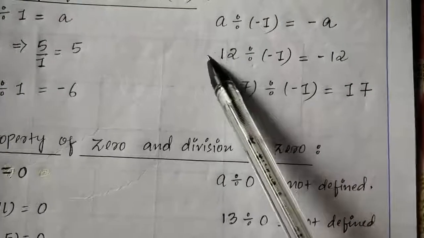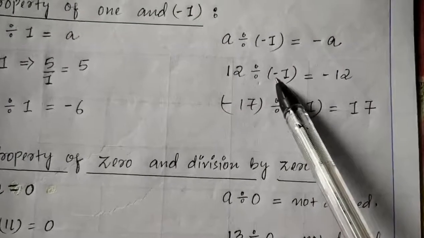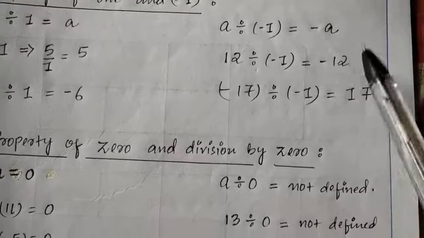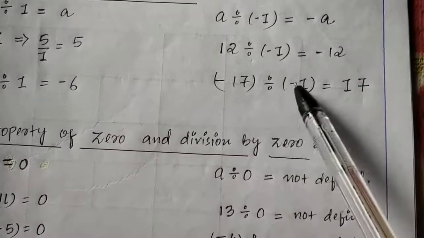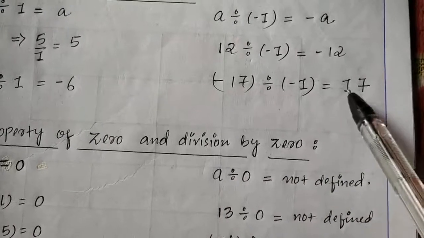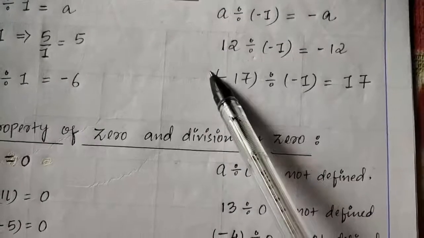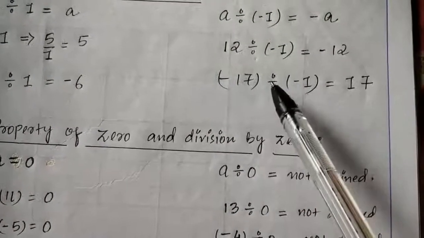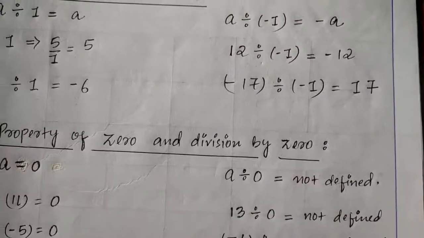Here 12 is a positive integer, but when it is divided by -1, we get -12. And when -17 is divided by -1, we get +17. Here I have taken a negative integer, -17, and when it is divided by -1, we got plus 17 as the answer.